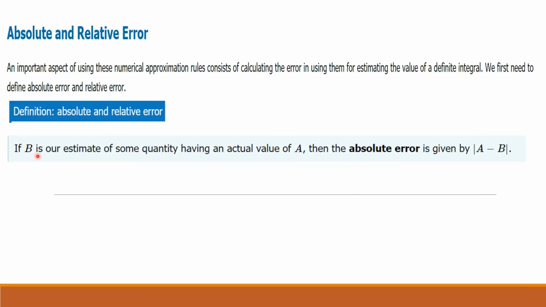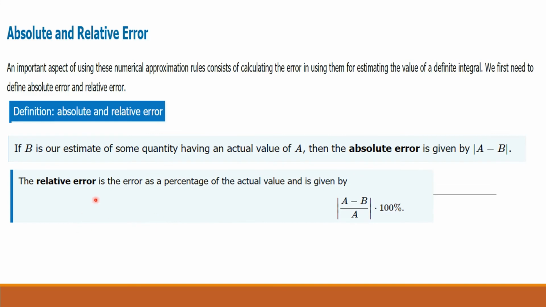So, if b is our estimate of some quantity having an actual value of a, then the absolute error is given by the absolute value of a minus b. And the relative error is the error as a percentage of the actual value, given by the absolute value of a minus b over a, times 100.